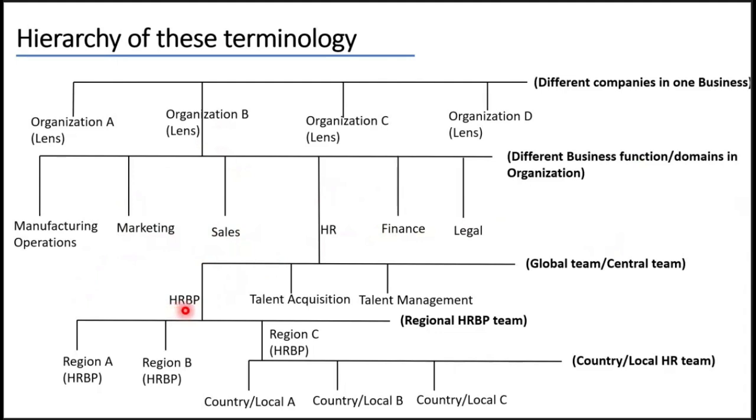Let's say HRBP is one process, talent acquisition is one process, talent management is another process. HR people, HRBP mainly deal with the employee engagement and their facilities in order to carry out their job duties. In HRBP process, HRBP is present at global team, our central team, HRBP is present at regional teams, and HRBP is present at country and local teams.